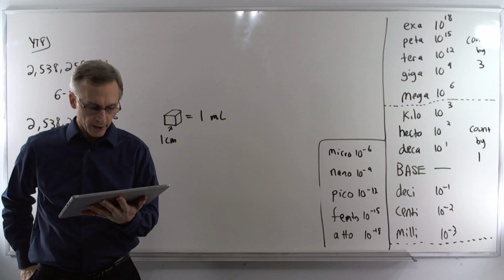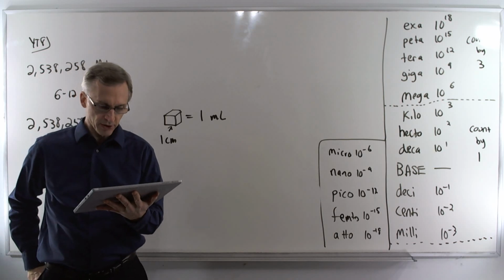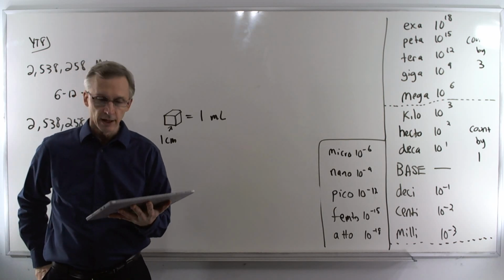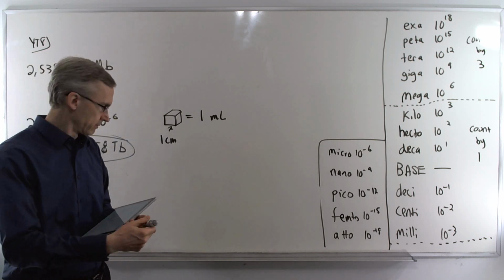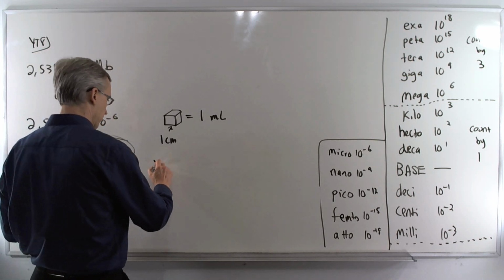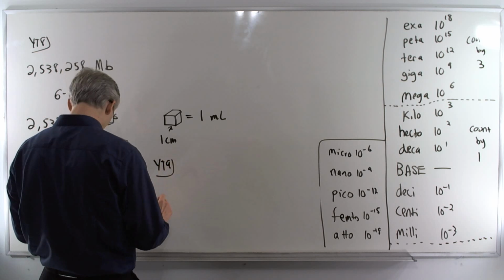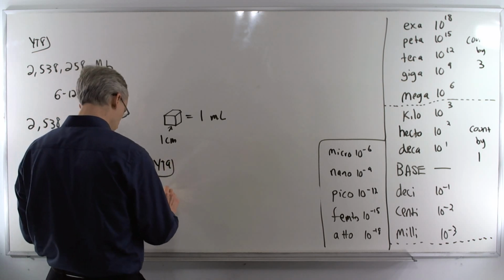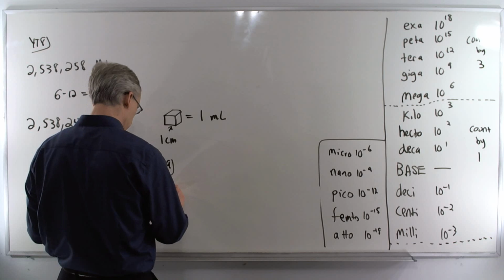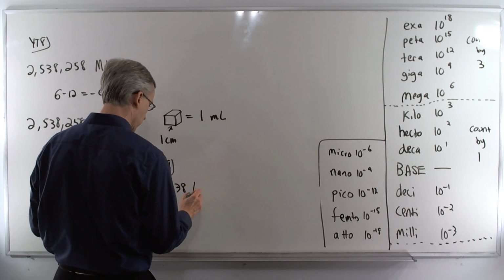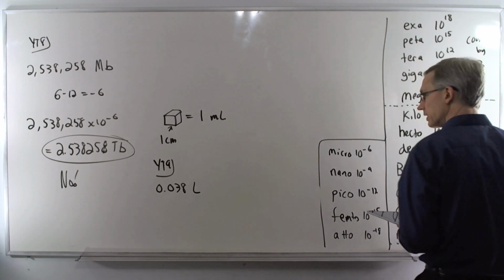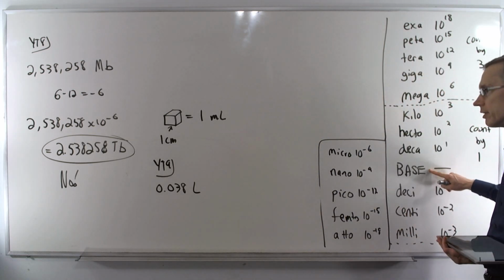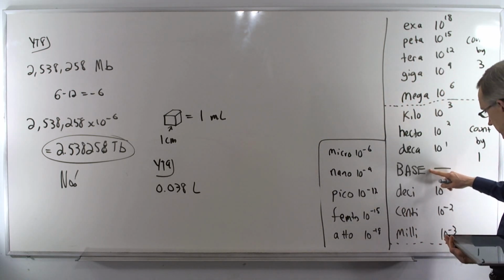Your turn, number 9. A patient requires 0.03 liters of medication. How many cc's should be administered? All right, so liter is a base unit. So we're going to start here. We want to get down to cc's, which is milliliters.